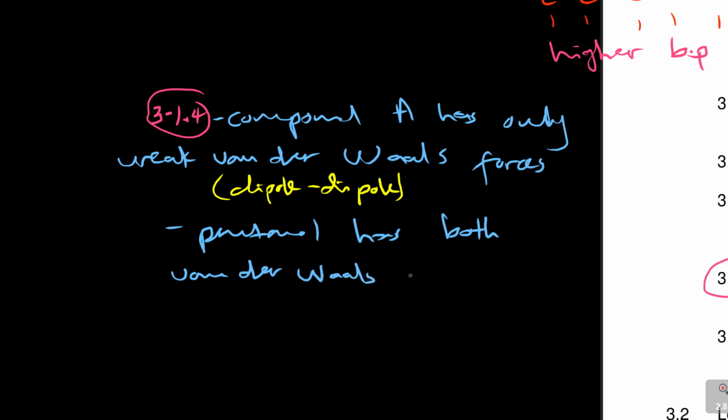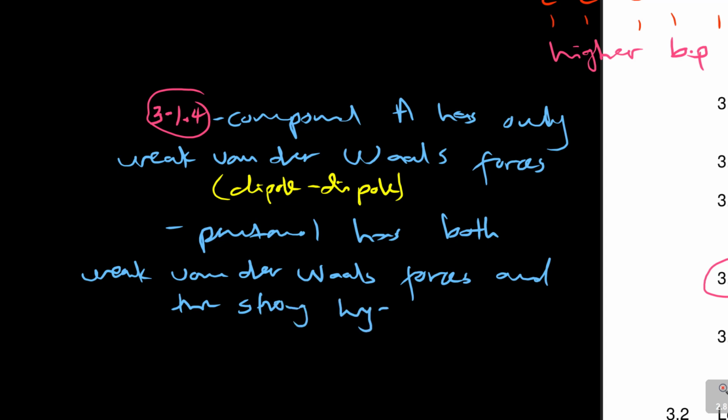It's better to write in point form. And thus they have both the weak, I like to say weak, and the strong hydrogen bonds. That's where they wanted to see the difference. Remember we said it has a higher boiling point. It's because of these strong hydrogen bonds.